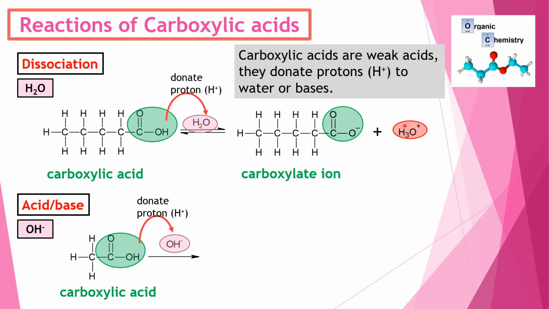We can see if we donate a hydrogen to the OH minus, the hydroxide, we're going to get a water molecule, and we're again going to be left with a carboxylate ion. So it's important again to write in full the organic product and the water molecule for this.